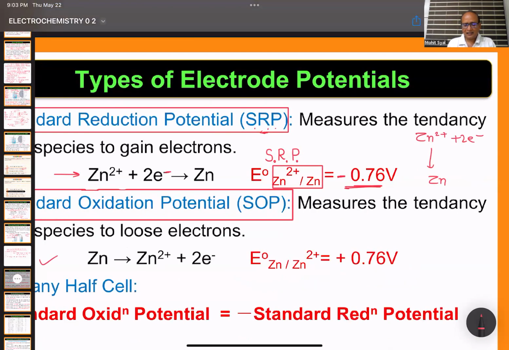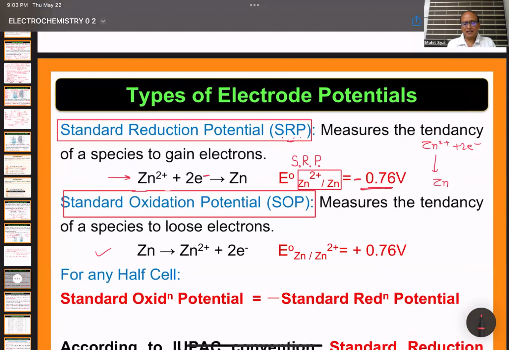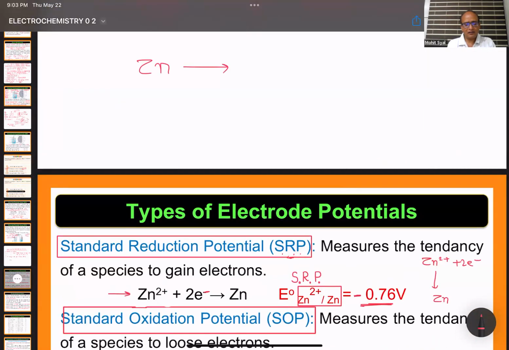So zinc can lose electrons and change itself to Zn2+. Not only zinc, any other element. Or it can happen the other way around, right?